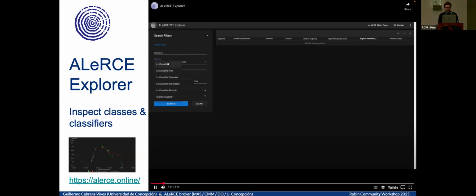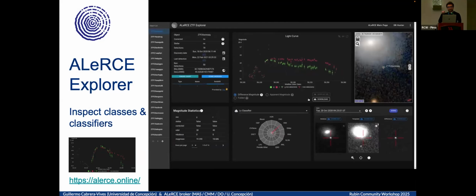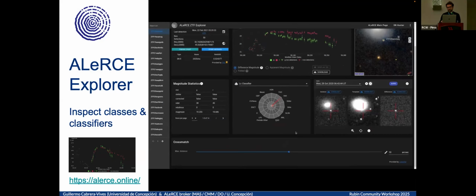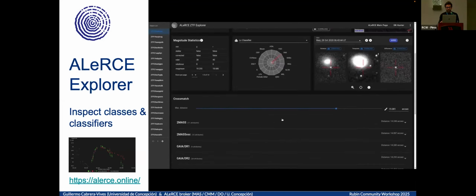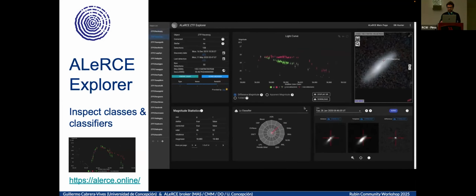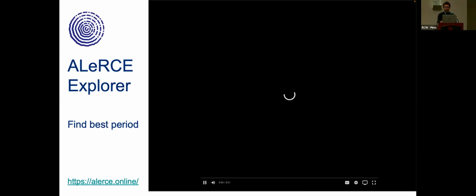On the Explorer, you can select one of our classifiers and select a particular type of object and then explore what those objects are, particularly focused on the light curve, but you also have the image stamps and cross matches with other catalogs and images from Pan-STARRS, in this case for ZTF.